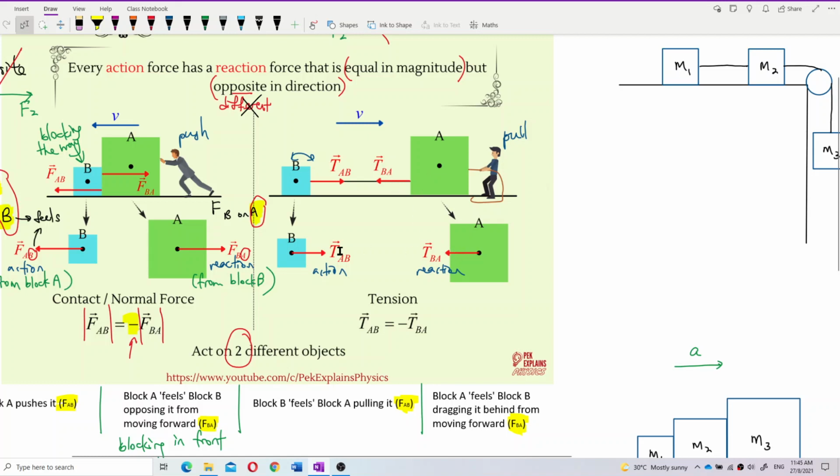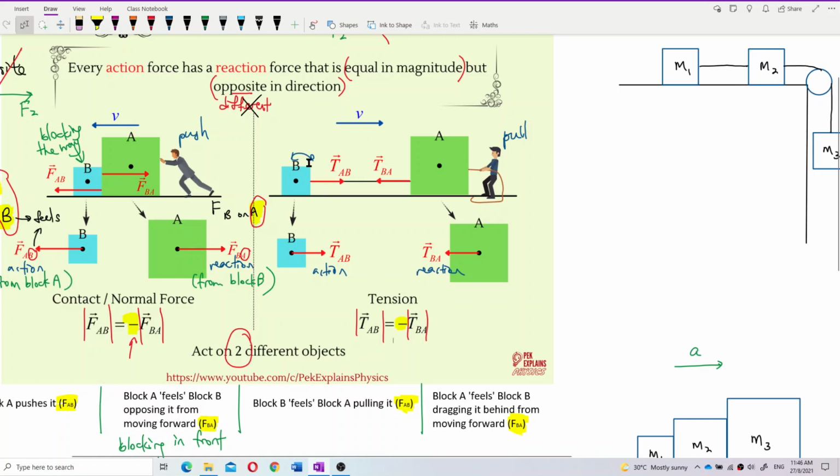Same force. You see the arrow, same length. So the action-reaction forces are equal, just opposite direction. On the same string, they have the same tension. So this tension acts on two different objects.